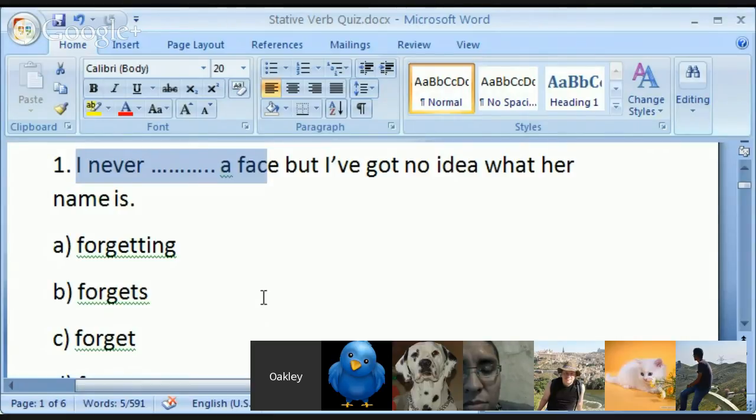No, I'm not forgetting. I am not forgetting. Okay. How about this, actually? I am always forgetting my glasses. I always forget my glasses.